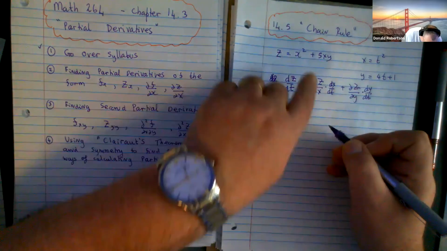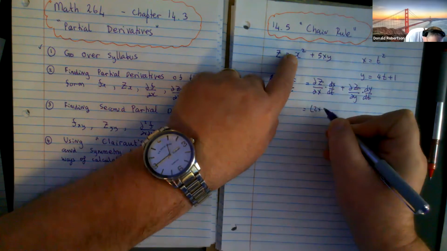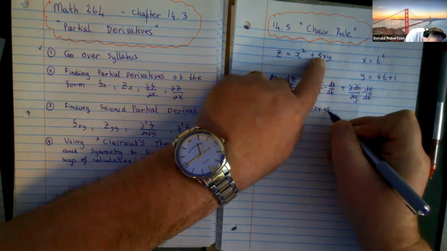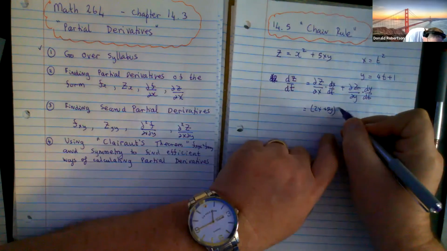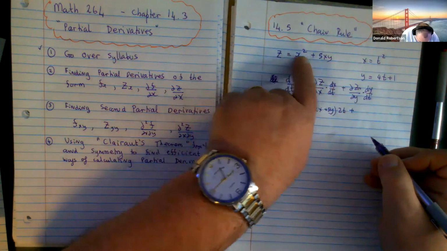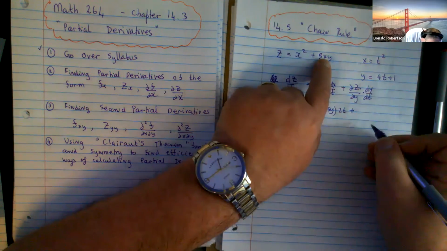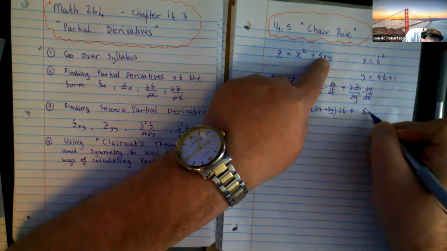If you differentiate this with respect to x, you get 2x plus 5y. Then if you differentiate x with respect to t, you get 2t. Then you go back and differentiate with respect to y, and that gets us 5x.